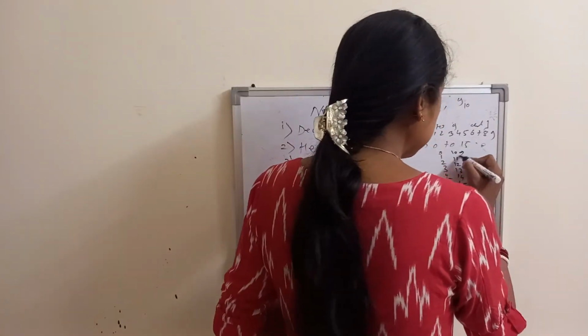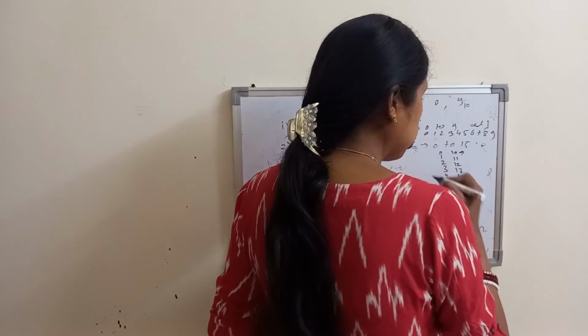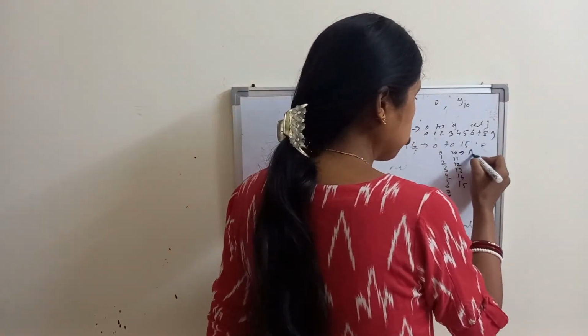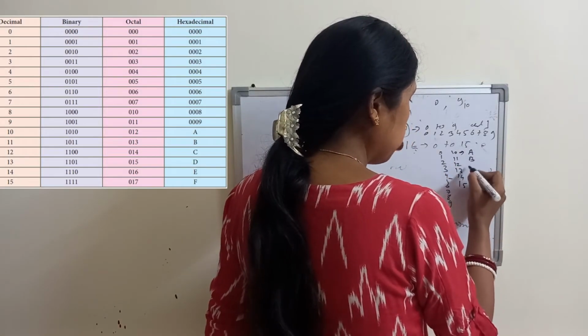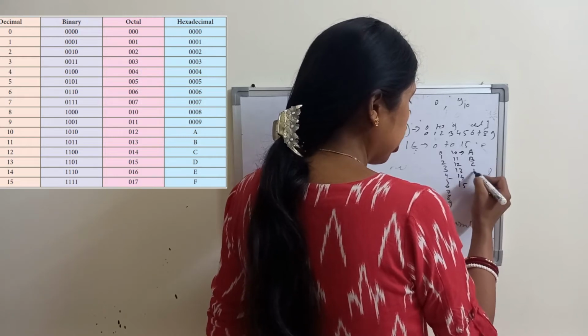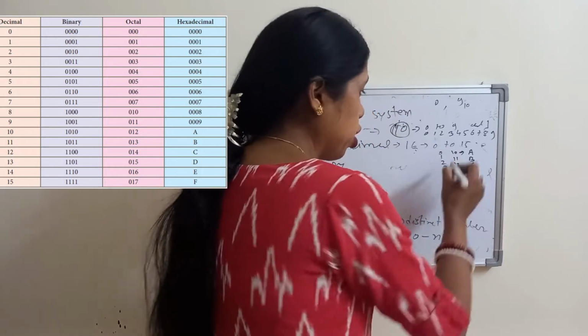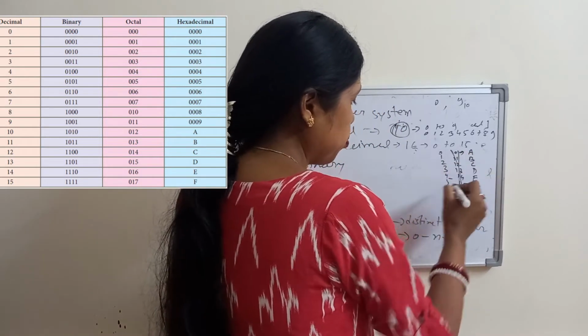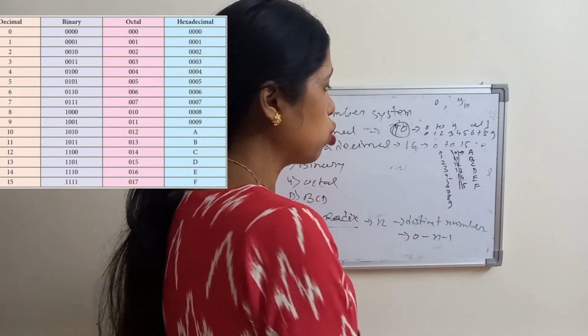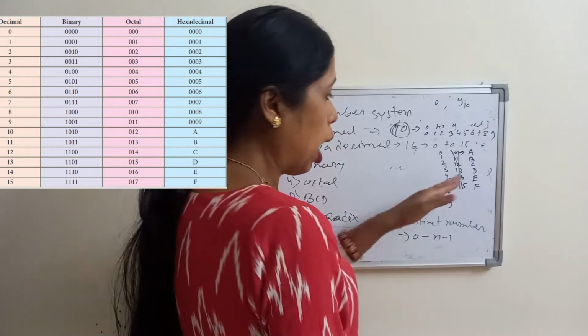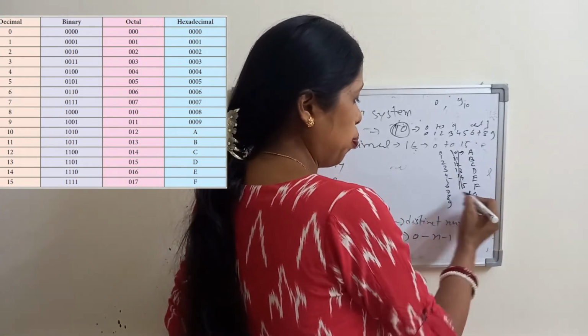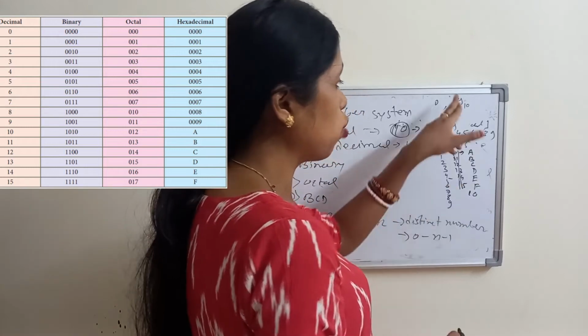So to distinguish them, 10 will be A, 11 will be B, 12 will be C, 13 will be D, 14 will be E, 15 will be F. After 9, directly it will come to A, B, C, D, E, F. After F, then 10 will appear. That 10 is different from that 10.